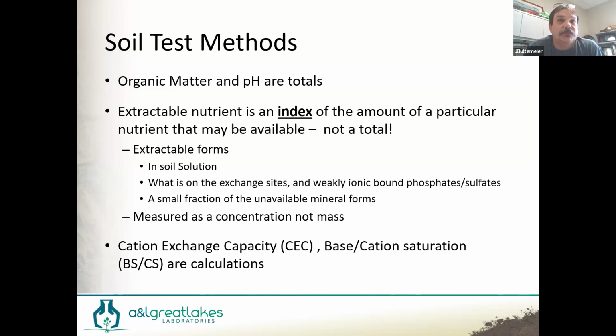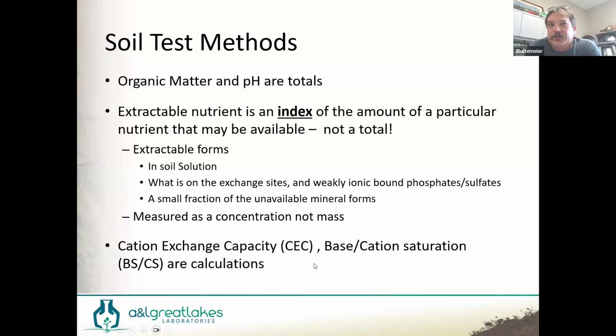We do the same with manures. Those are totals. With soil, we're only extracting maybe 3 to 5% of the total amount of that mineral. So we're still trying to mimic what plants access, but it's not everything. We're only playing with a fraction. So when we try to use a compost as a soil and a soil as a compost, we're getting very different numbers. We'll talk a little bit more about that as we go through.